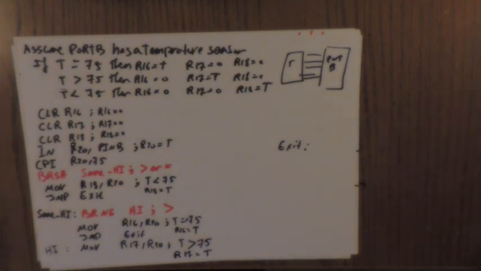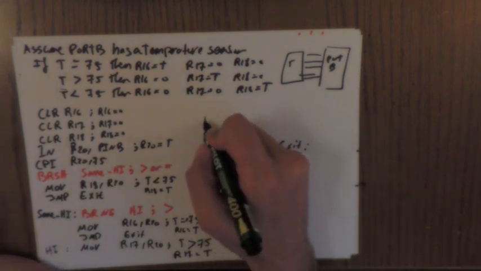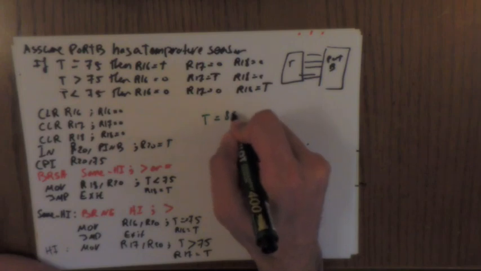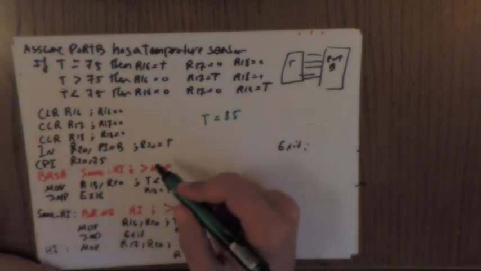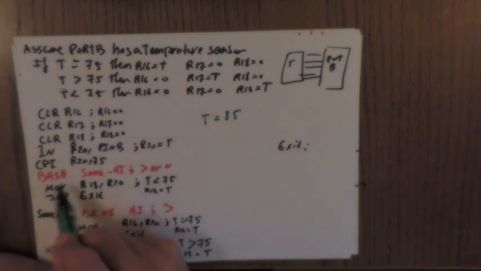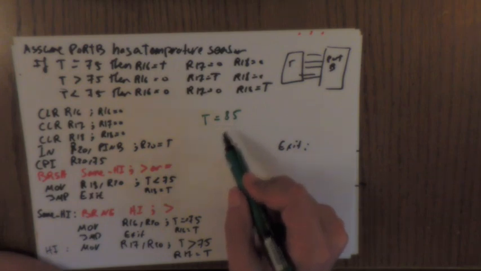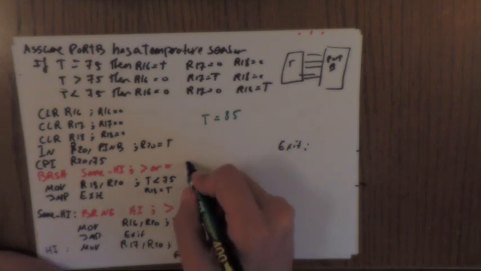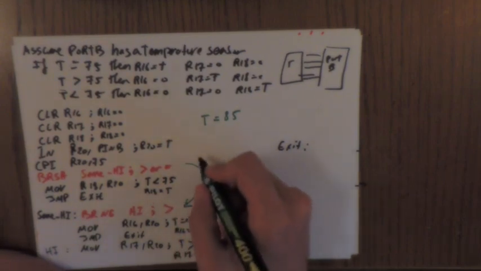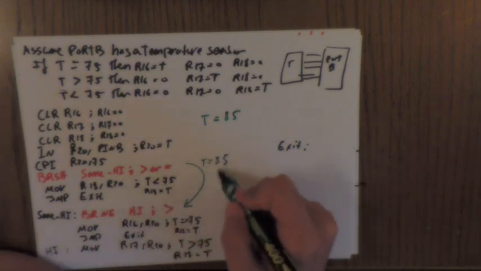So if I will do a tracing on this program, let's say T is equal 85. Okay, so I compared R20 with 75. If T is greater or equal, then branch SH will go to here. This is where T is equal 85.